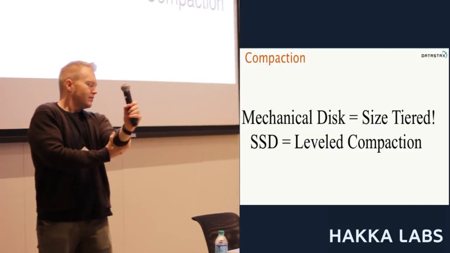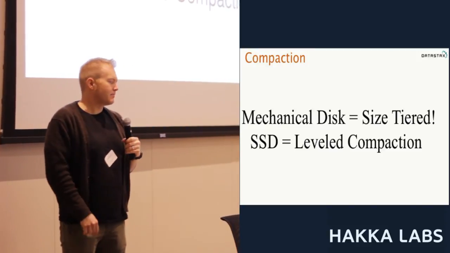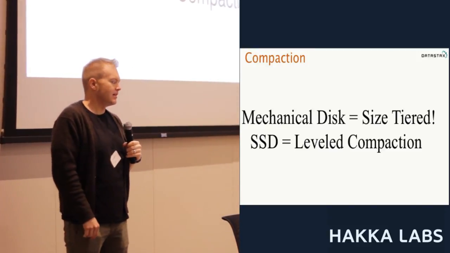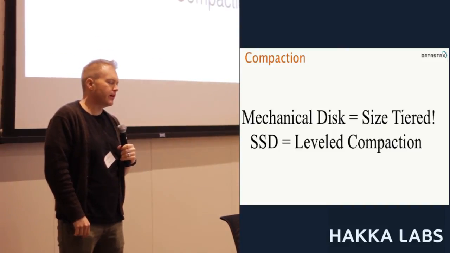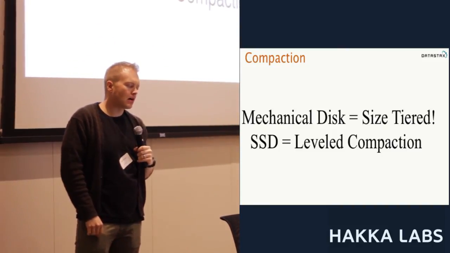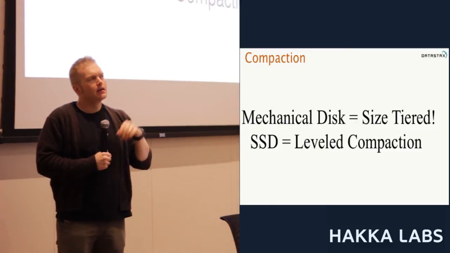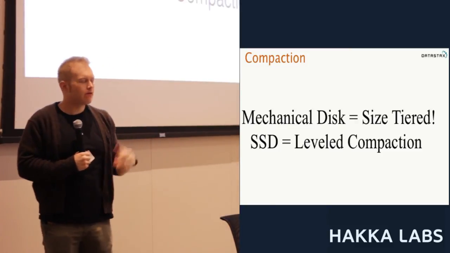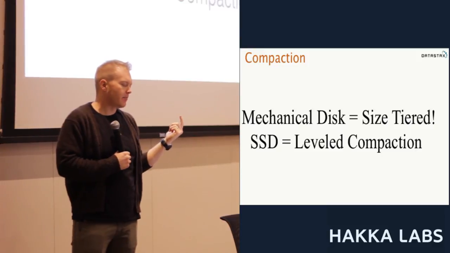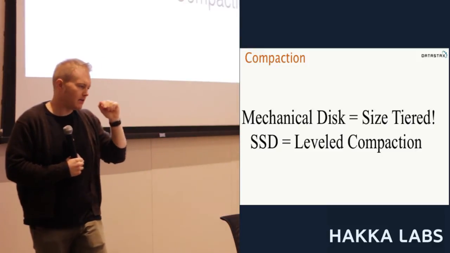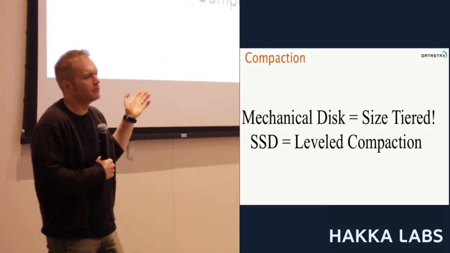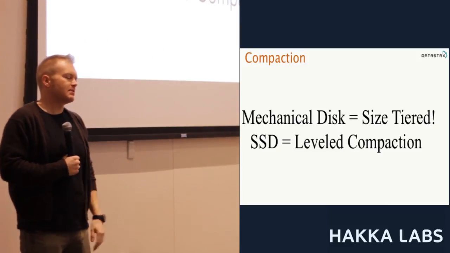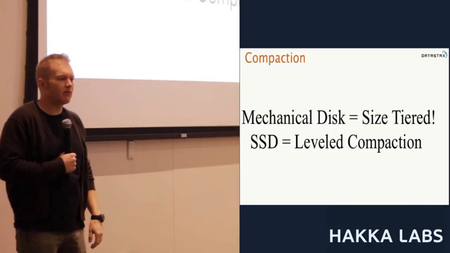Compaction. It's this simple. Mechanical disks get you size-tiered, and SSDs use leveled compaction. Typically, if you were to look at cfhistograms, and I have cfhistograms later, you'll see the first column is going to be the number of SSTables we have to visit in order to satisfy a read.